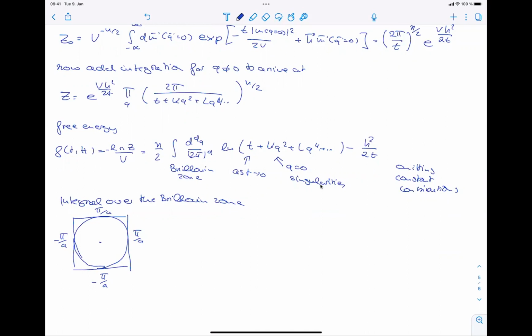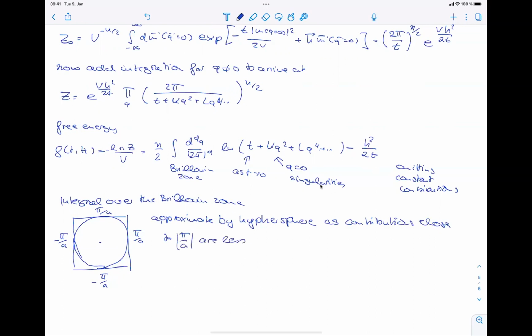So we neglect the contributions in the corners. So we approximate by a hypersphere, hyper being like a sphere in d dimensions, as the contributions close to pi over a are less relevant.